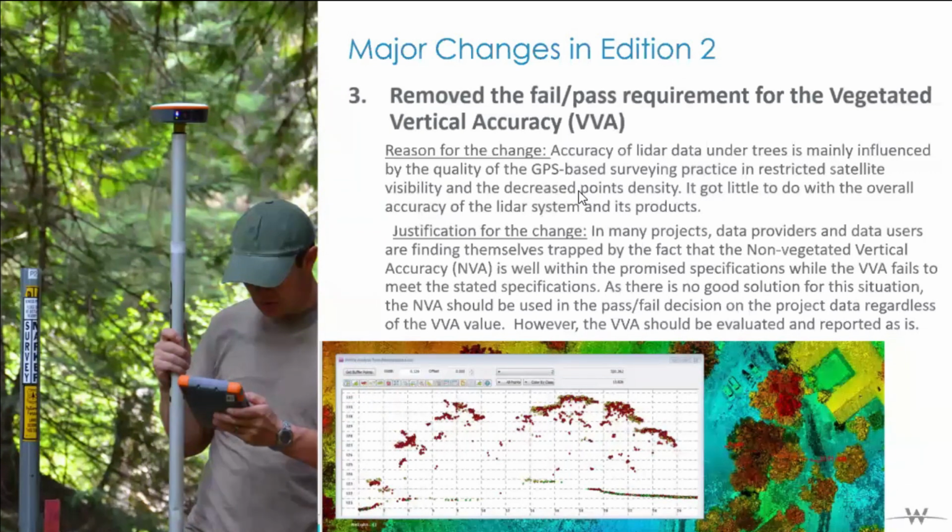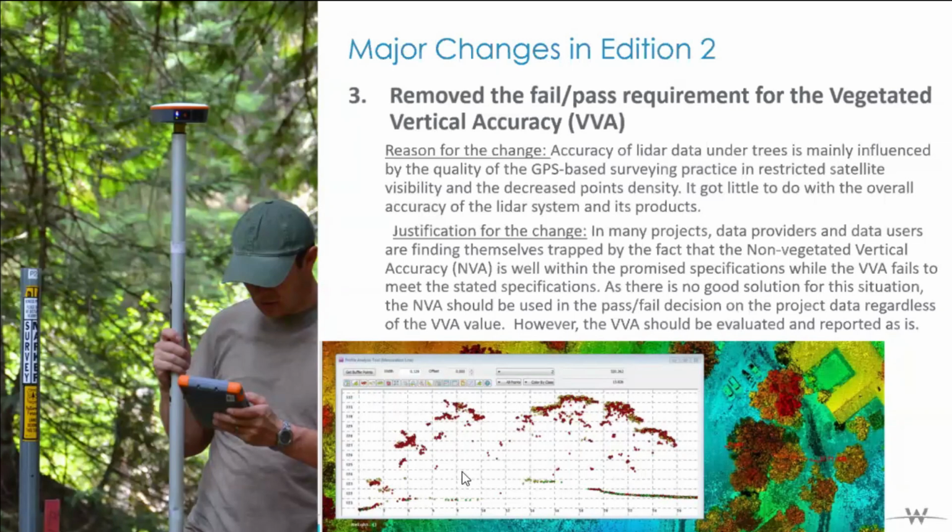Looking at the problem with LiDAR, surveying under vegetation is problematic, because if you look at our surveying technique, people use RTK under trees, and this is not reliable, definitely, because you have the multipath, you have the obstruction of the satellites, so you don't get good GPS under trees.